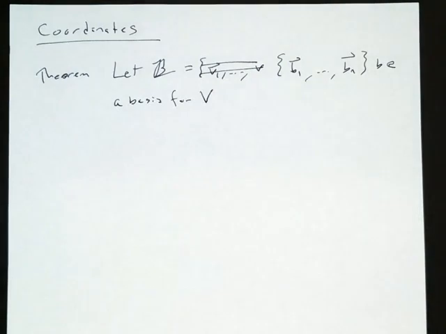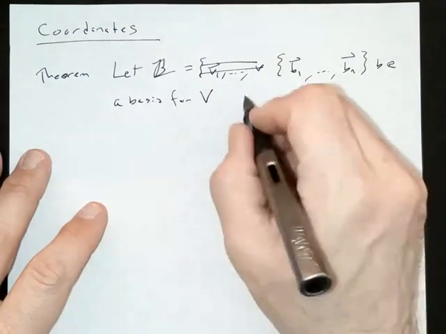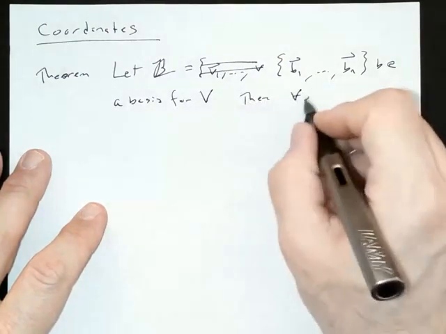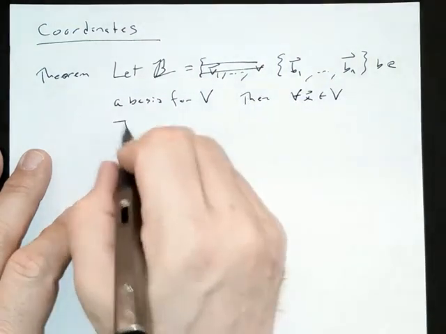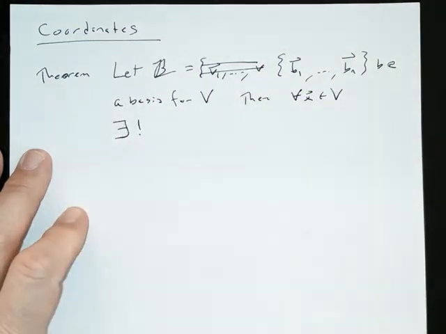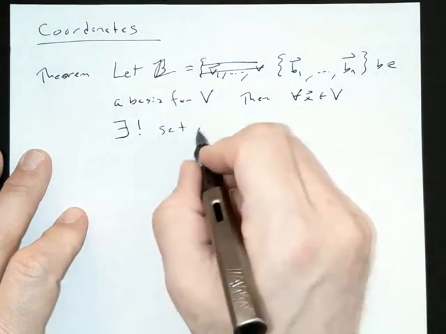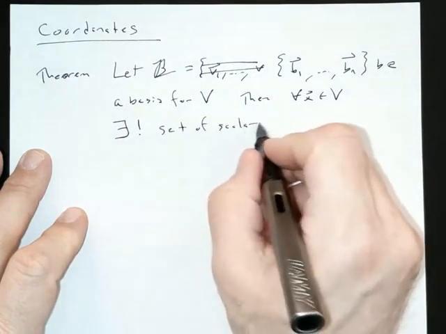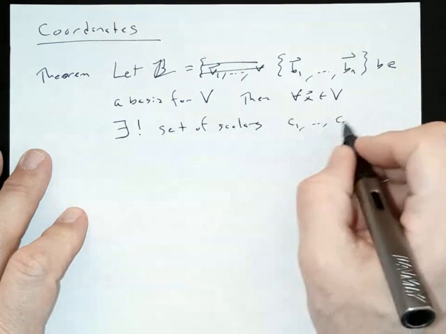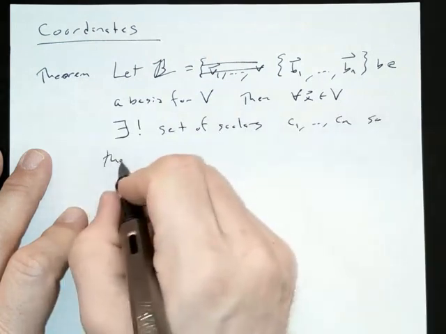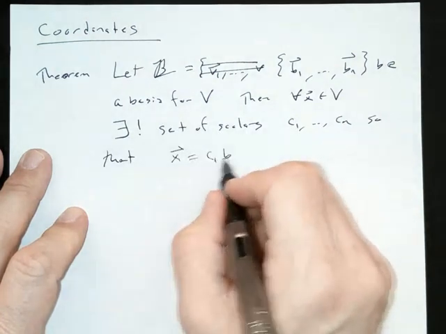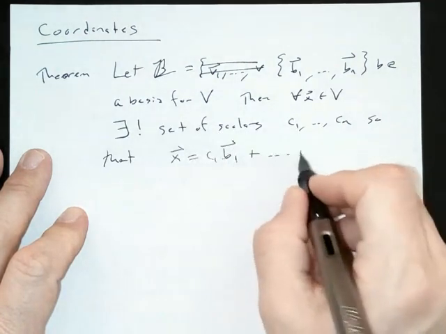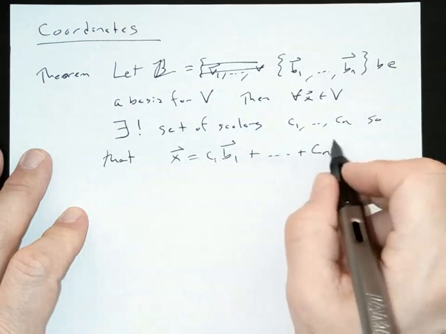So let's have a basis, B1 through Bn for our vector space V. Then, for every vector in our vector space, there is a unique set of scalars which express our vector x in terms of this basis.